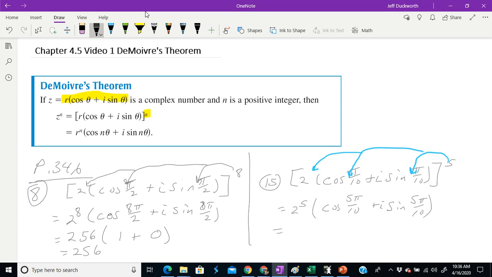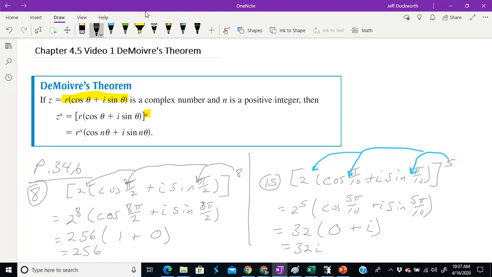Well, 2 to the 5th is 32. And this is cosine of pi by 2, and cosine of pi by 2 is going to be 0. And sine of pi by 2 is positive 1. So this is just i. So it's 32i.